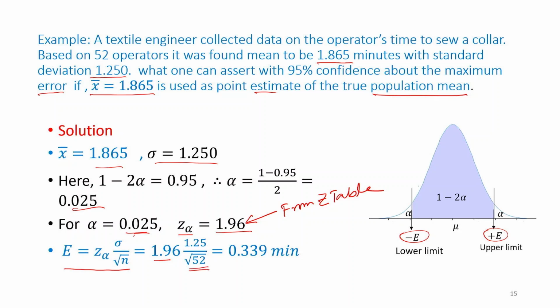So we get 0.339. That will be the error. So this is how we can find out. The formula is simple. You need to find out the relevant values of the parameters, and straight away substitute in the formula to get the answer.